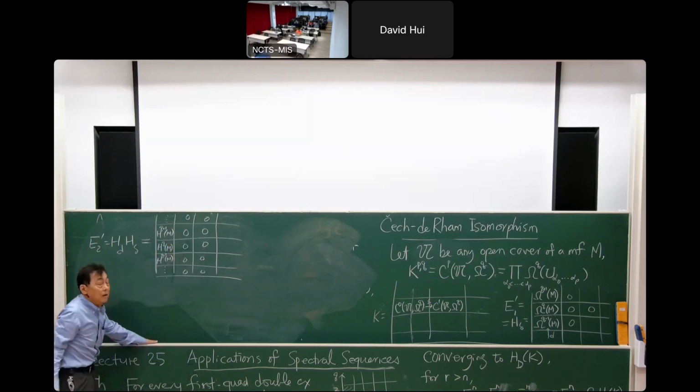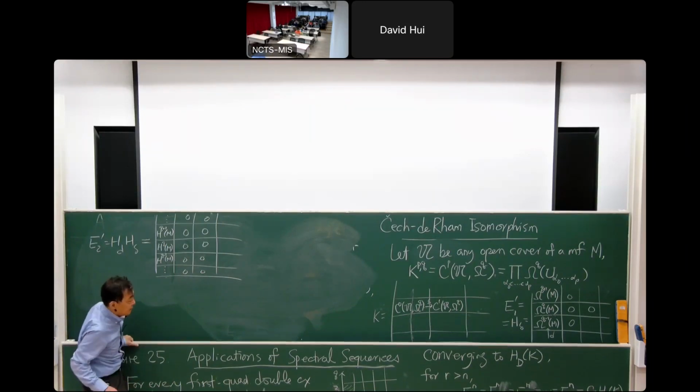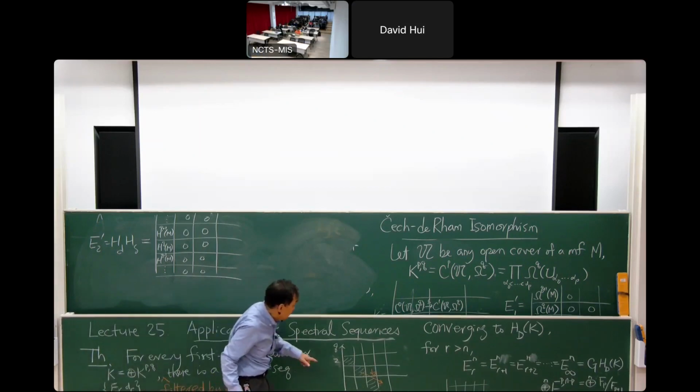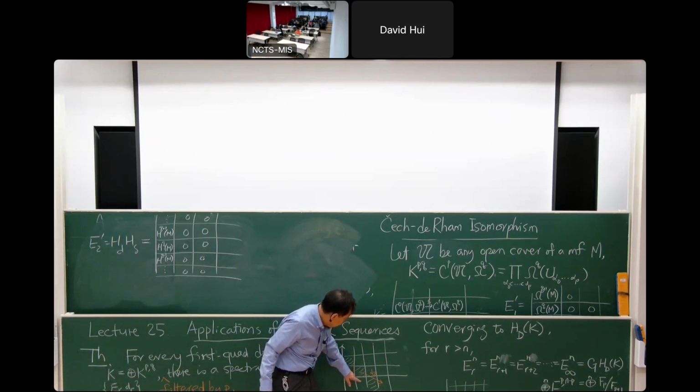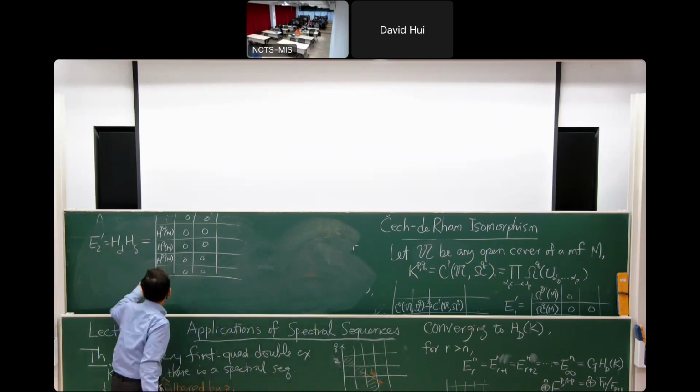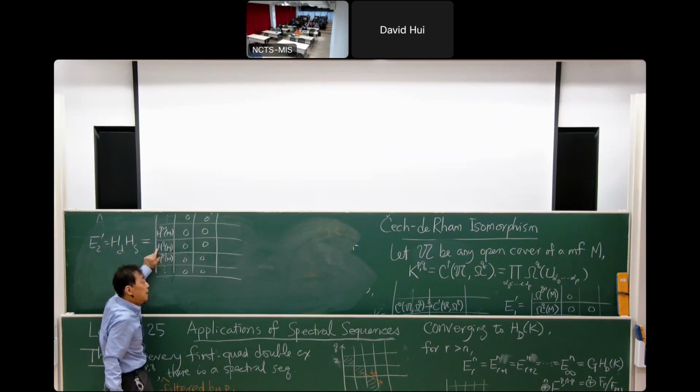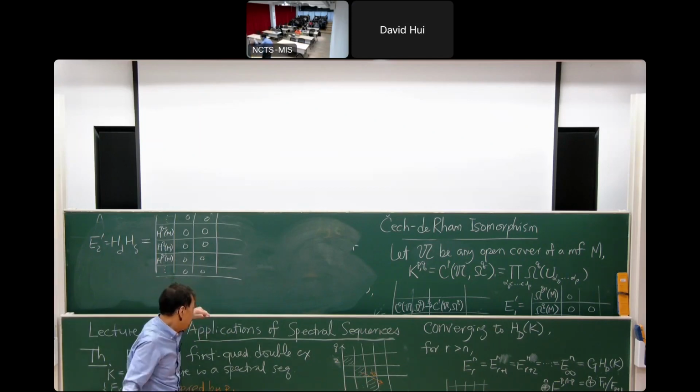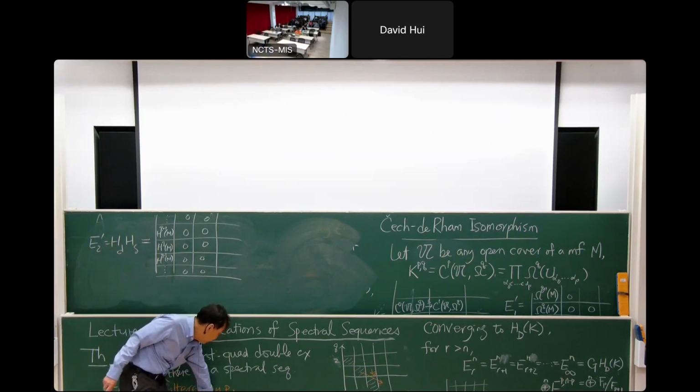And now we need D2 prime. Where does it go? Well, D2 goes down 1 and across 2. So D2 prime should go, instead of down 1, across 1.